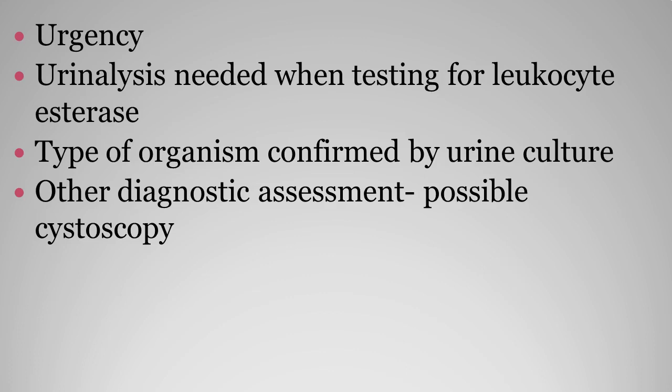Another type of cystitis that is least common is interstitial cystitis. It's a chronic inflammation, really of unknown etiology. It is a cystitis that presents a little bit differently than the typical cystitis that I just got done talking about.